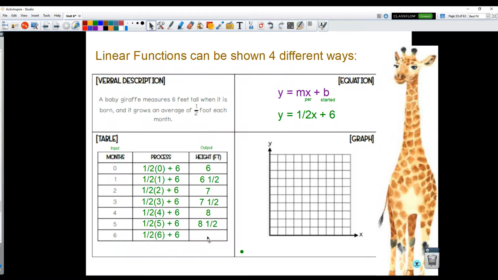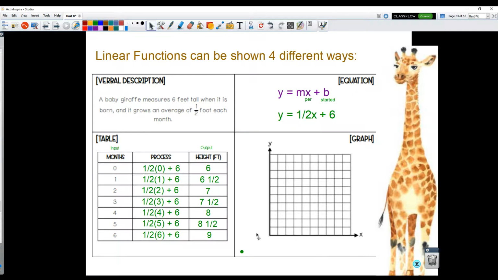And in 6 months, the giraffe is 9 feet tall. So we could keep going on this, but I think this is sufficient enough for our table. And now we can actually start graphing our information based on my x values and my y values.